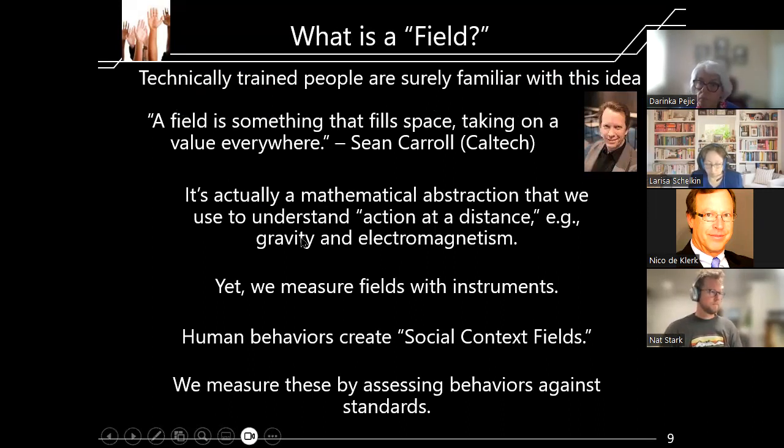And just like we measure gravity and electromagnetism, we measure these social context fields by assessing human behaviors against standards. So we're trying to take very well understood concepts from science and apply them to a world of social where there is no, to my knowledge, no construct to do things like this.